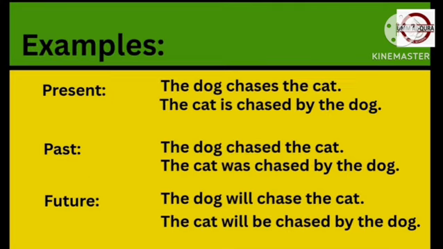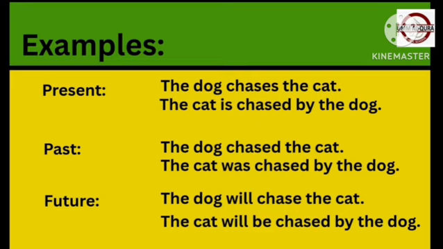Now here are some examples. The dog chases the cat, and the passive is the cat is chased by the dog. The subject, the dog, is doing the chasing in the active sentence, and in the passive sentence the subject, the cat, is receiving the action of being chased. And here is another example, the dog chased the cat.